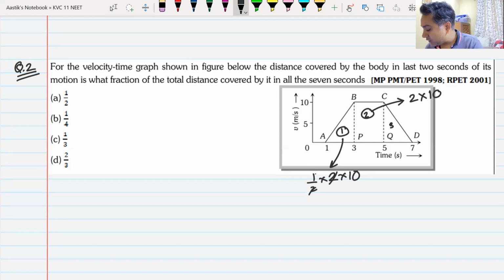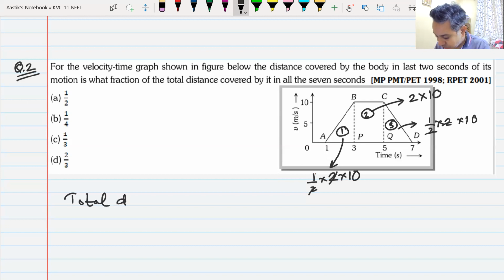Let us find the area of this. It is half into 2 into 10. So this is 10. So the total distance from 0 to 7 seconds becomes 10 plus 10 plus 20. So it becomes 40. Distance traveled from 5 to 7 seconds is 10.